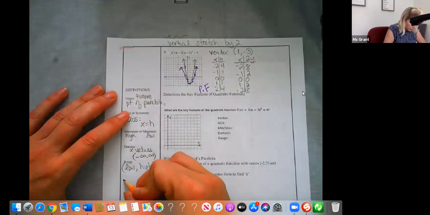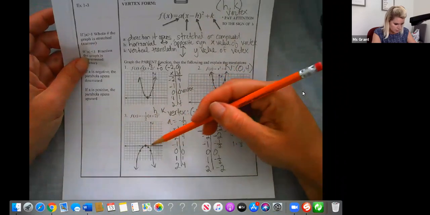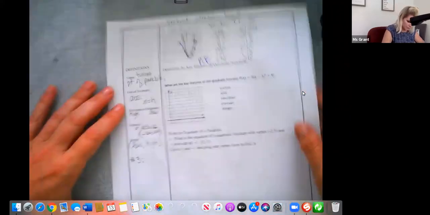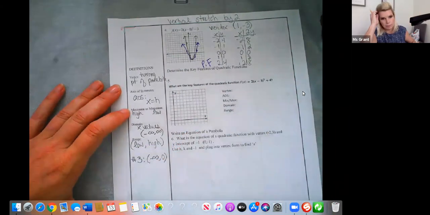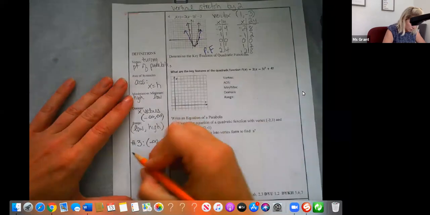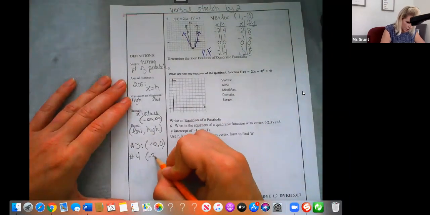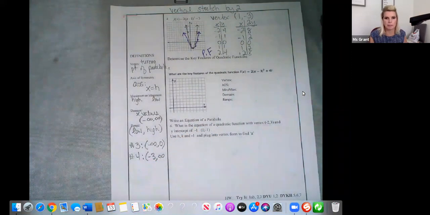So number 3 example, my range is low to high, negative infinity to 0. But my number 4 range would be negative 3 comma infinity. So it just depends on if it has a maximum or a minimum, okay?